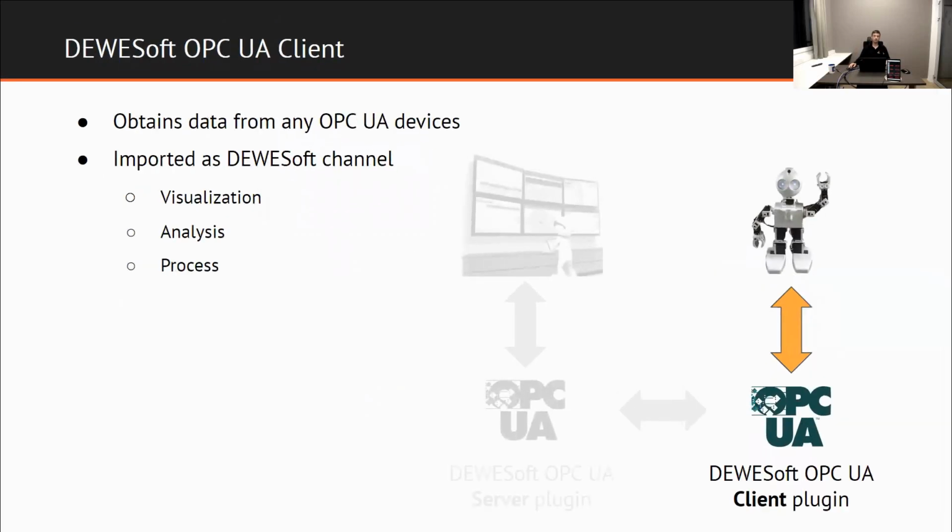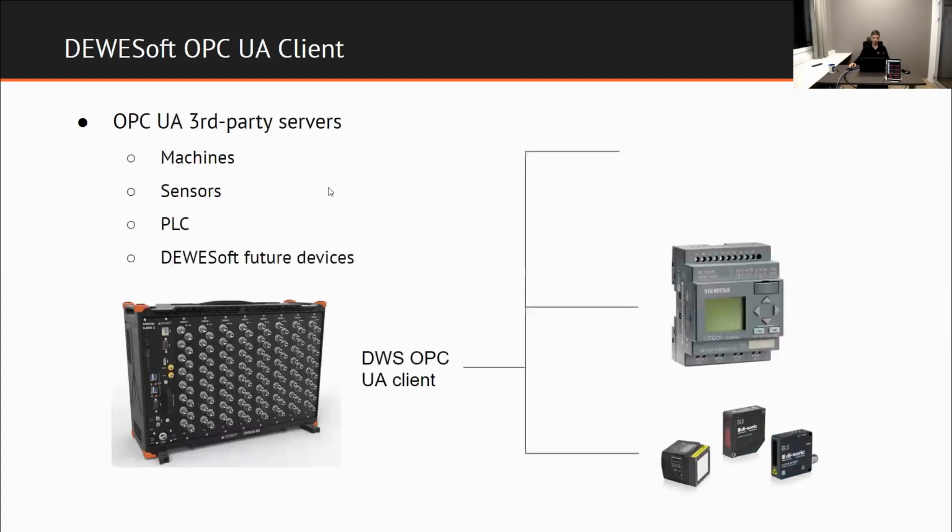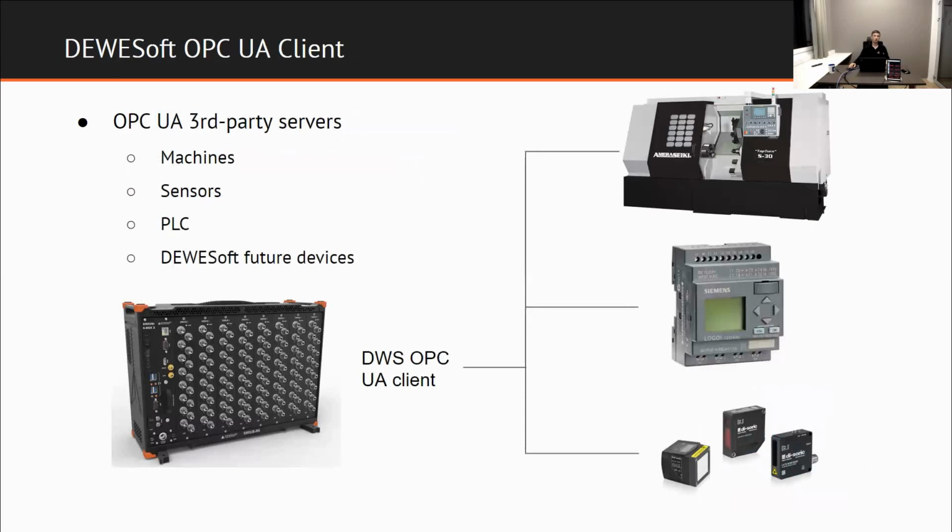And there is OPC UA Client. With the OPC UA Client plugin, you can connect to any OPC UA server and fetch the data into Dewesoft to analyze it, visualize it, design HMI from Dewesoft, control the unit, etc. So we can connect any third-party OPC UA unit with Dewesoft, be it machines, incompatible sensors, PLCs, and Dewesoft future devices.